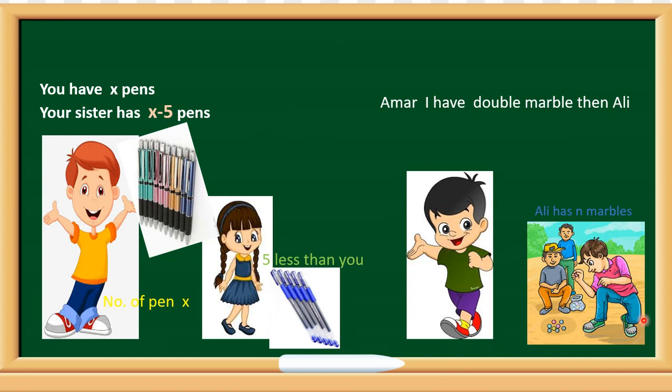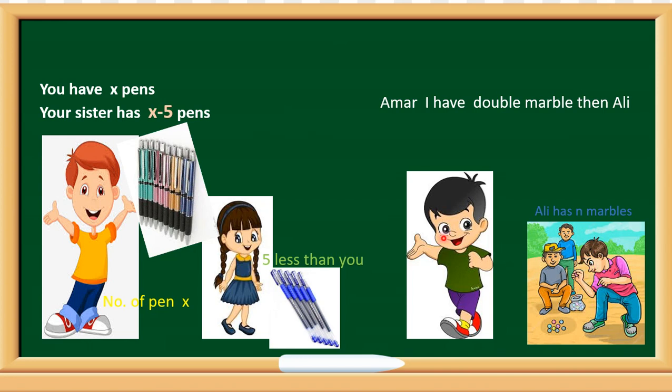So when the number of marbles Ali has is different, then Amar also has double the number of marbles. Instead of saying the number of marbles in numerical form, let us consider the number of marbles Ali has is n.